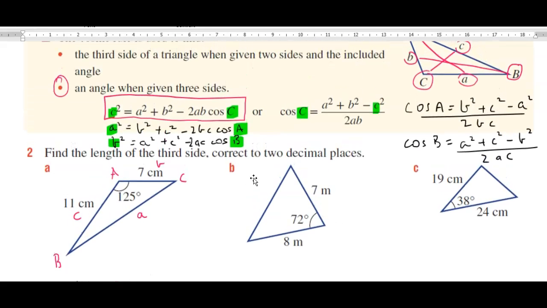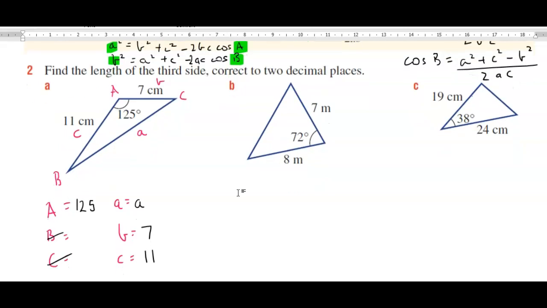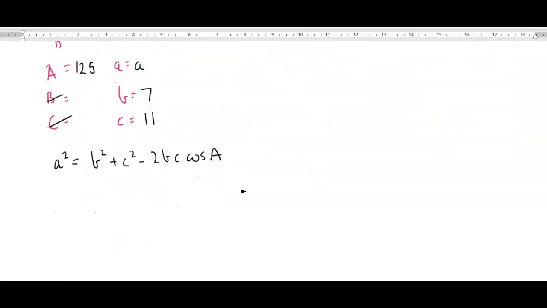Beautiful. It's always good when your maths teacher can remember the formula. Okay, a squared equals, so put in 7 squared plus c is 11, so 11 squared, minus 2 times b, which is 7, times 11, times cos A, so angle A is 125.